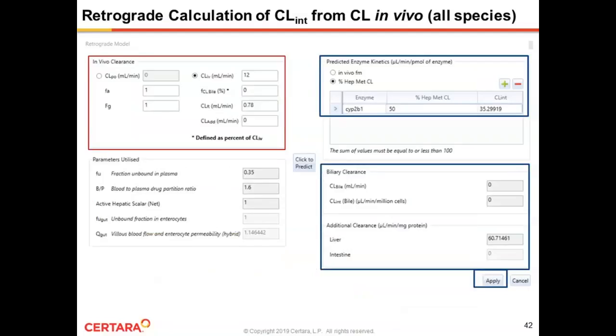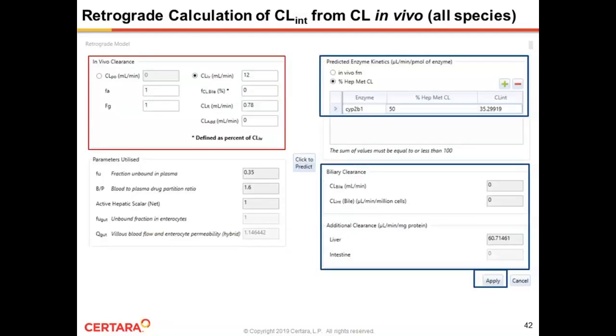Another important tool in the animal simulators is the calculation of the retrograde intrinsic clearance from the in vivo clearance value. And this retrograde model is now implemented in all the 4 animal simulators.